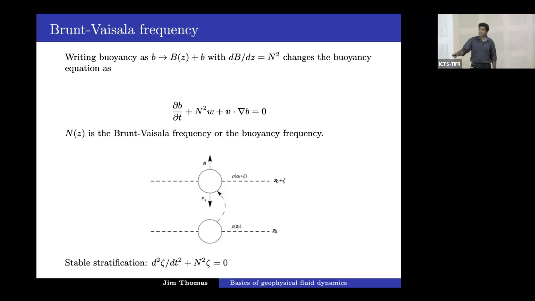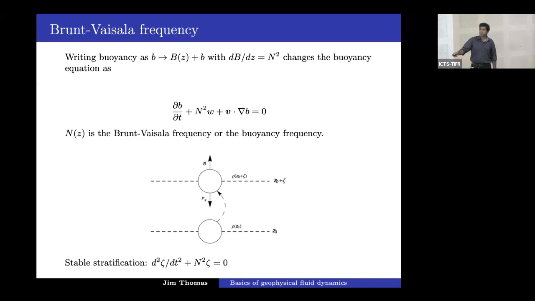And the physical way to think about this is, again, a stably stratified atmosphere or ocean configuration. Imagine you have two vertical layers, z naught and z naught plus zeta. You take a fluid parcel that has a certain density, rho, and you push it to a higher vertical location.